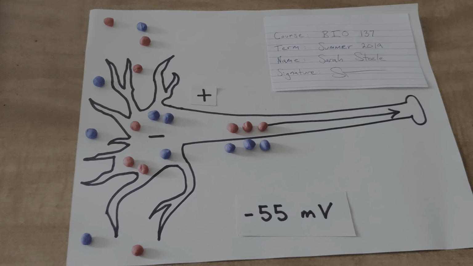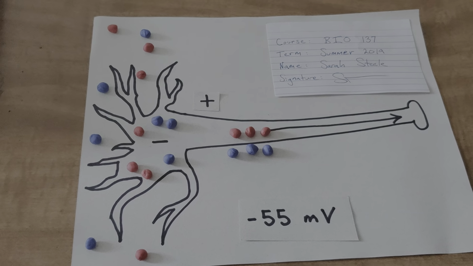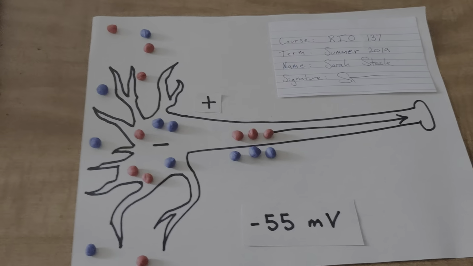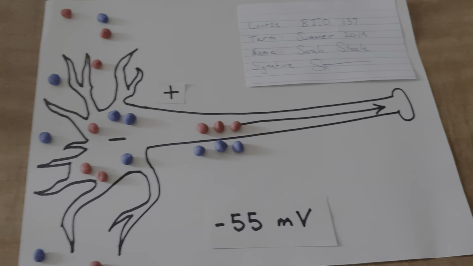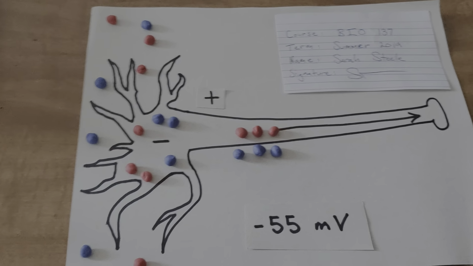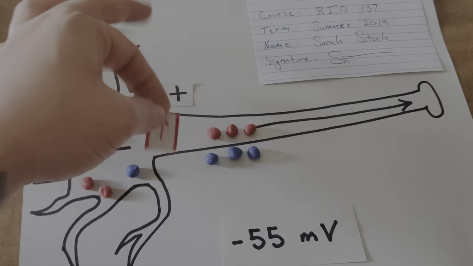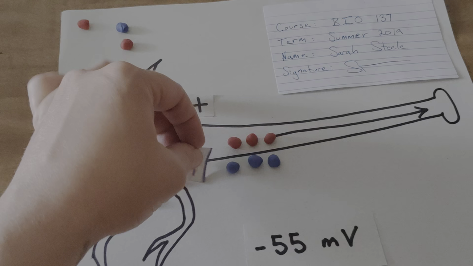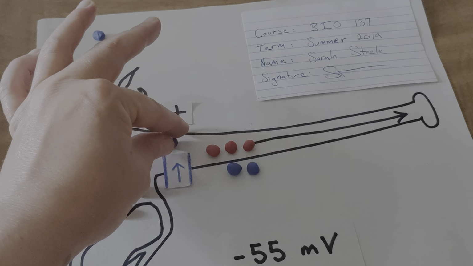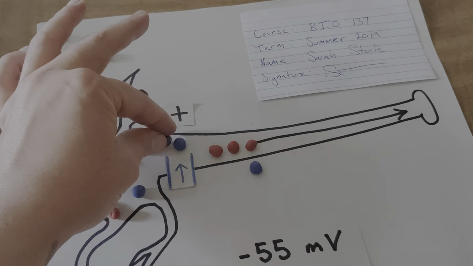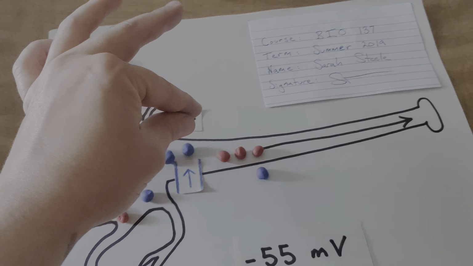Once it reaches the threshold, the action potential occurs. Once the action potential occurs, sodium channels are opened, allowing sodium to enter the neuron.